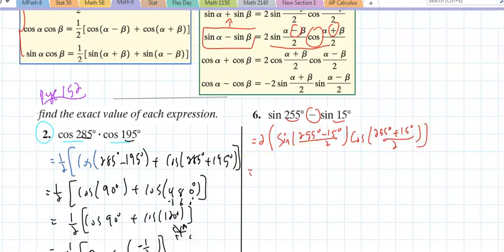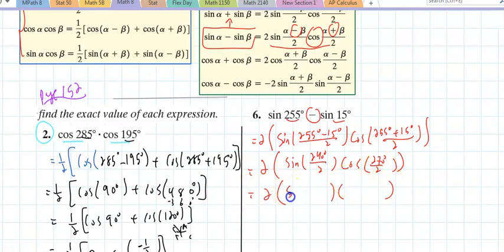And that would be twice the sine, and what would that be over 2? If I subtract, that's 240 degrees, and if I add, that's an ugly 270. And that's twice the sine of 120 degrees, and this is the cosine of 135 degrees.